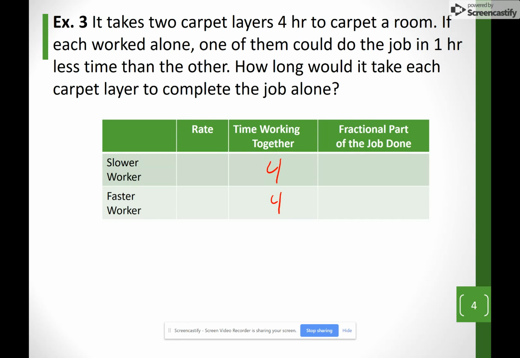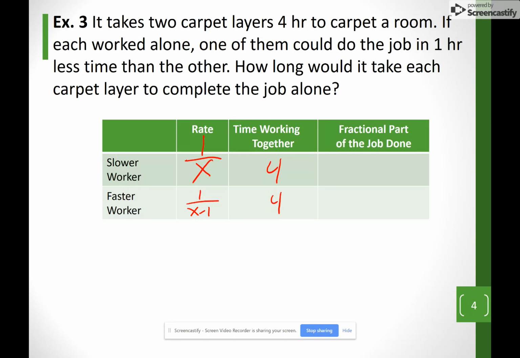So I'm going to say that the slow worker, his rate is x, because I don't know his rate. The other one is going to be, well, one job divided by x, and then the other one is going to be 1 over x minus 1. Like one job divided by x.